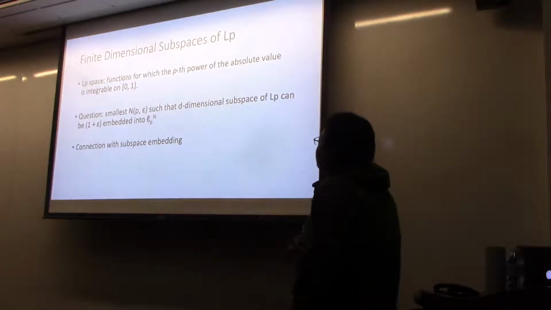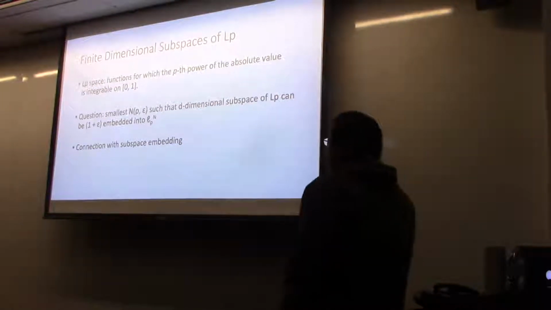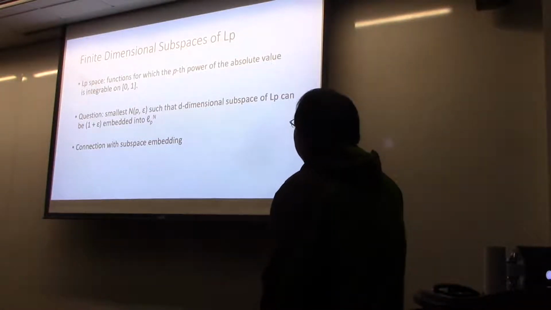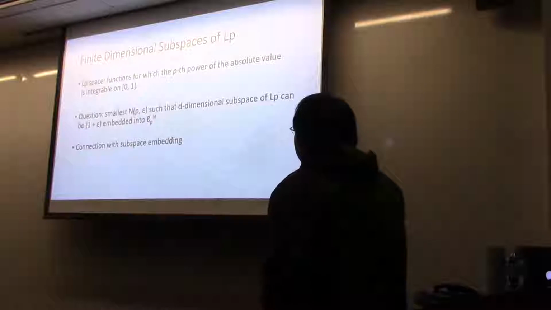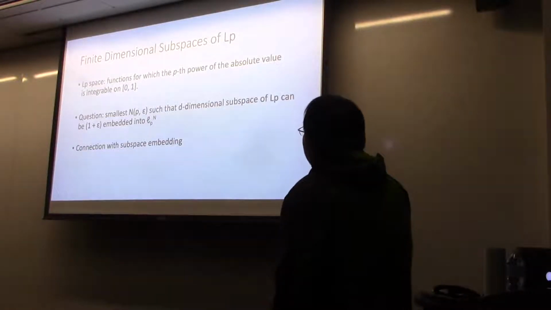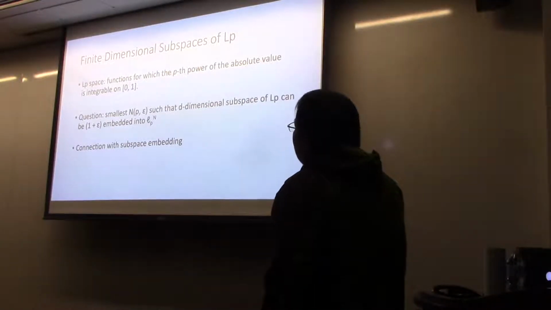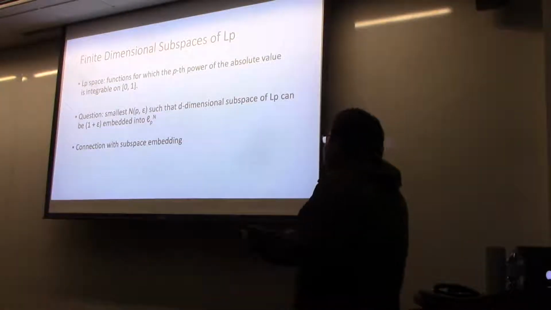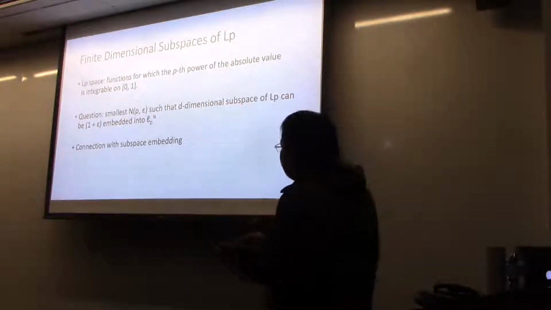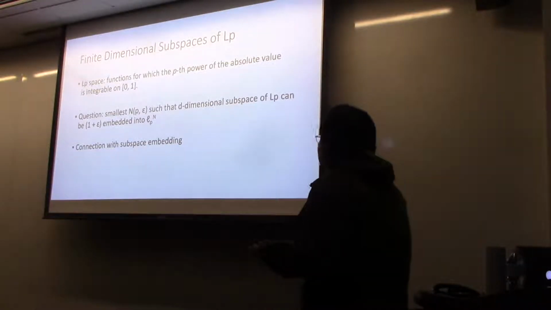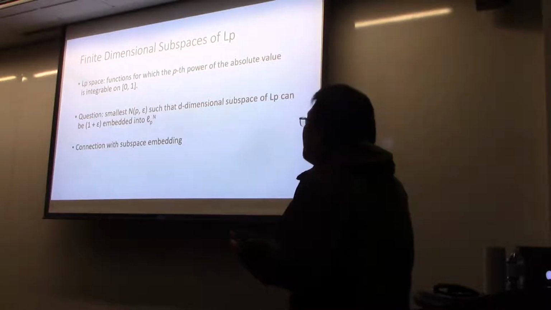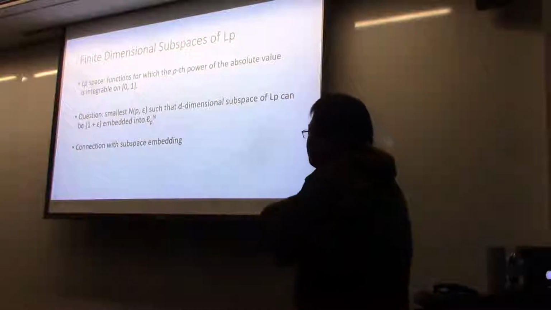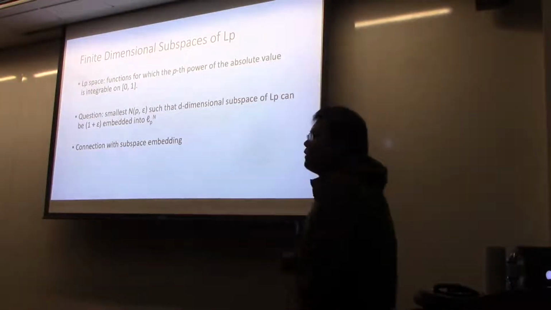One important question in the local theory of functional analysis is that they want to find the smallest number N such that any d-dimensional subspace of the function space LP can be 1 plus epsilon embedded into R^N armed with the LP norm. So we want to find a linear embedding that maps each function in a d-dimensional subspace of LP, and the norm is still approximated within 1 plus or minus epsilon by the resulting vector.